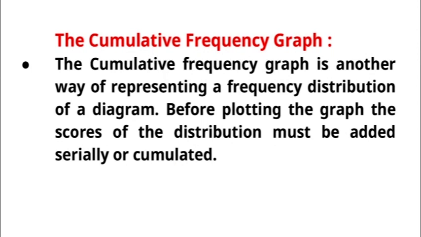The cumulative frequency graph is another way of representing a frequency distribution in a diagram. Before plotting the graph, the scores of the distribution must be added serially, or cumulated.